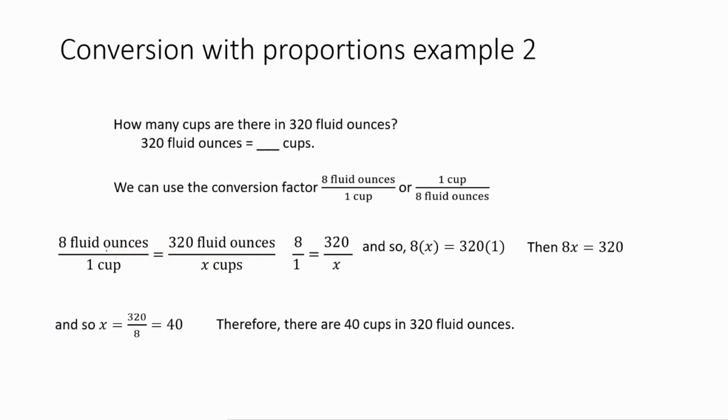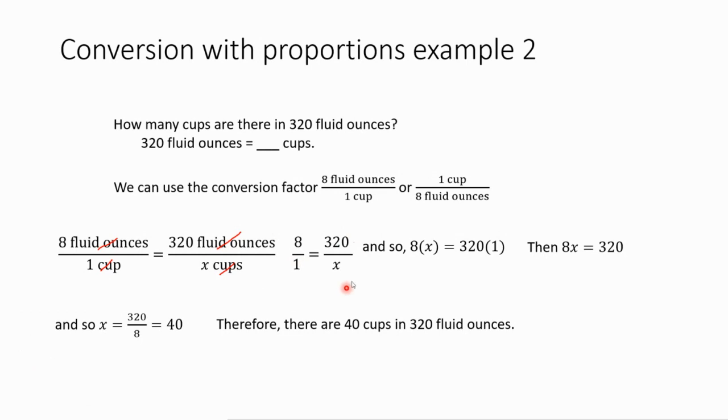And as before, cancel the units. Again, you want the units in corresponding places. Fluid ounces are both in the numerator and cups are both in the denominator, because now you can cancel. This is the proportion you get.